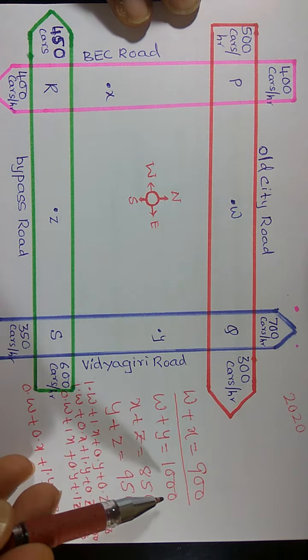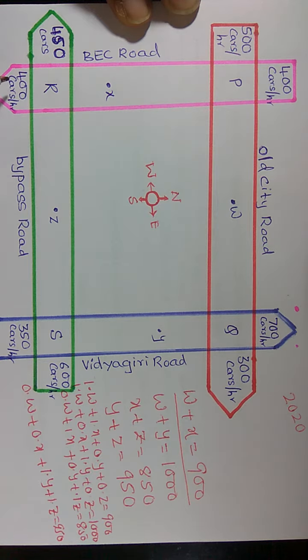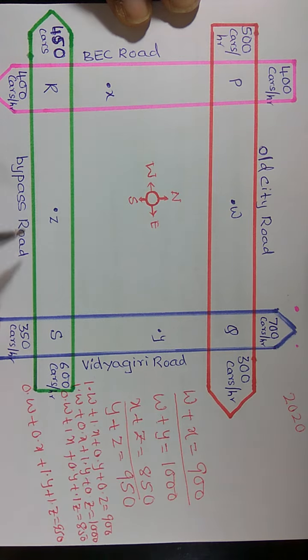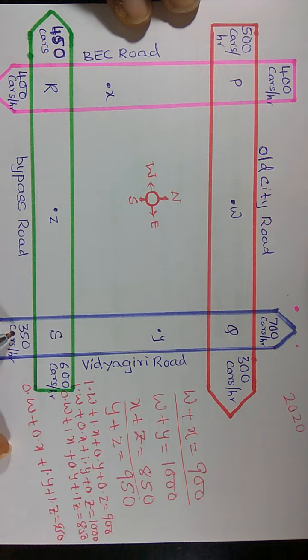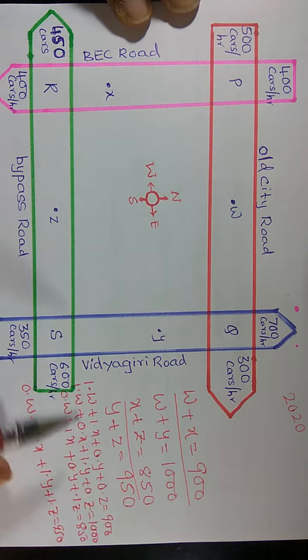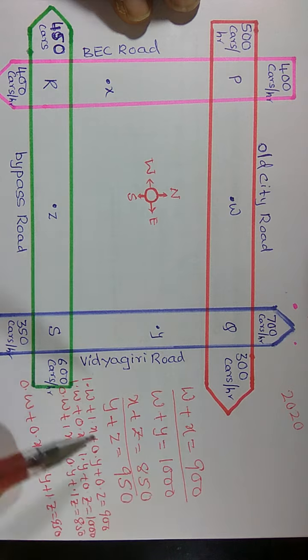W plus Y is equal to 1000. And X plus Z is equal to 400 plus 450, 850. X plus Z is equal to 850. Y plus Z is equal to 600 plus 350, which means 950 cars are moving. Is it clear?